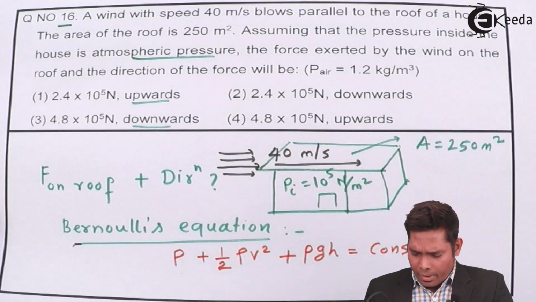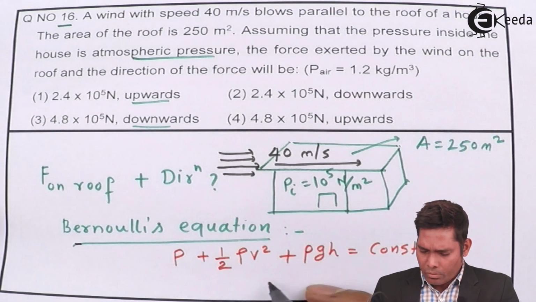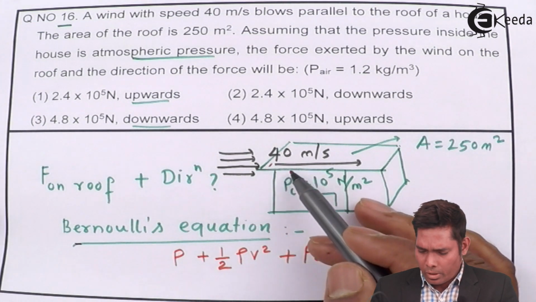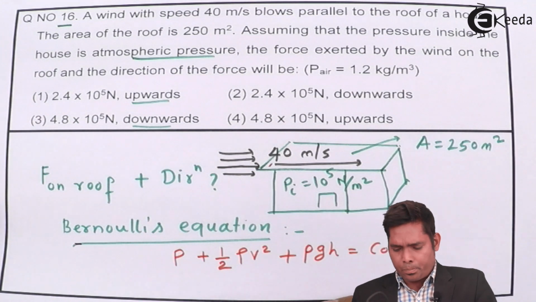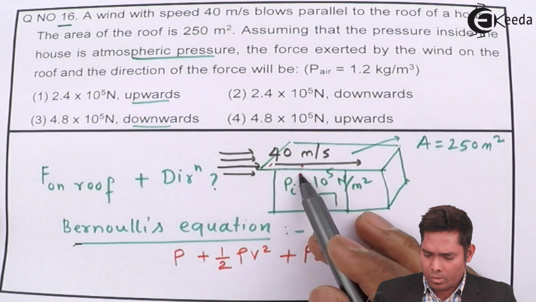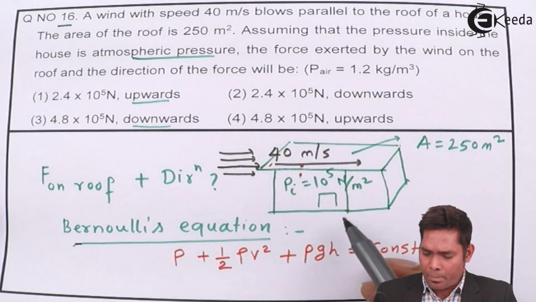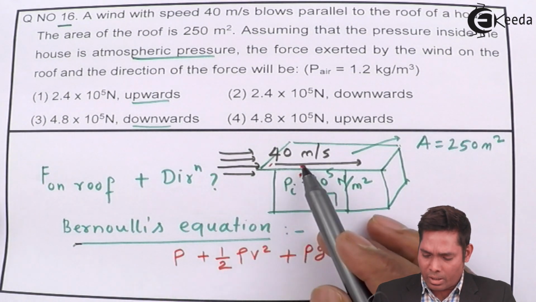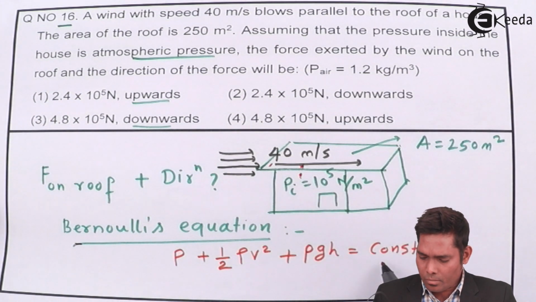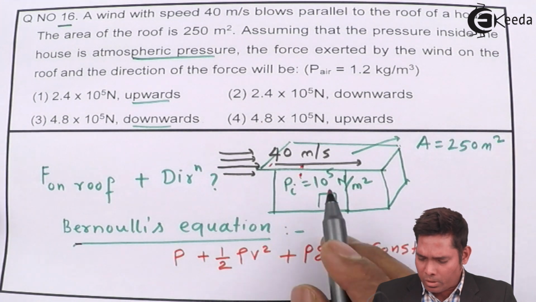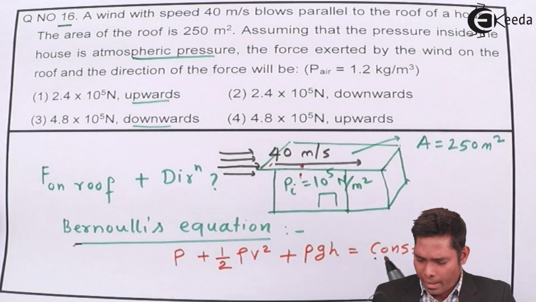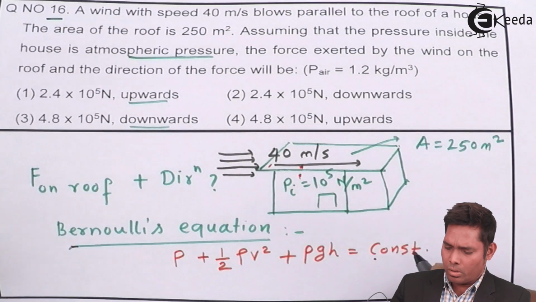So if I want to write this equation, I'll consider any two positions, inside or outside, these two. If I want to apply Bernoulli's equation at these two points, because these two points are nearly at the same height, this will cancel out.